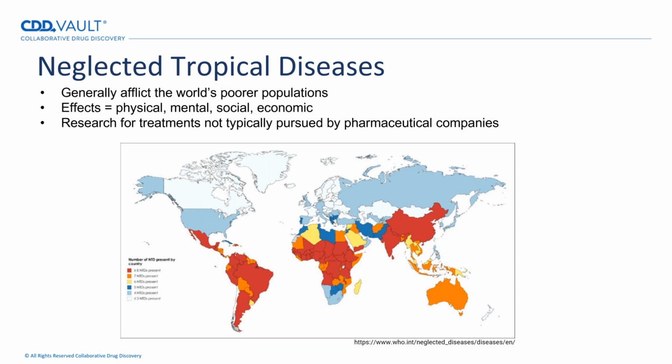So while you may be infected with one of these diseases over multiple years, it definitely affects the populations in these areas long-term. And basically, research for these treatments is not typically pursued by larger pharmaceutical companies because of the low return on investment. Again, it's affecting the world's poorest population, so you're not going to have people buying these medications.